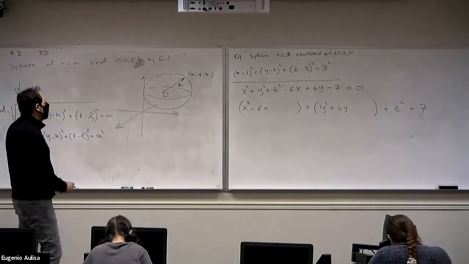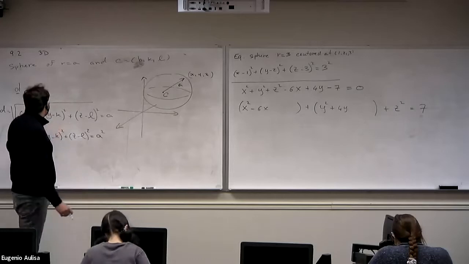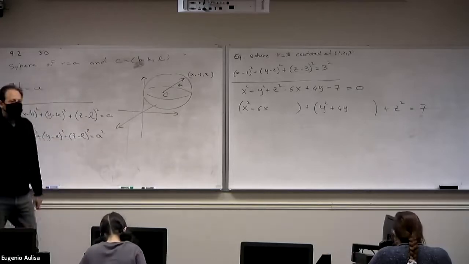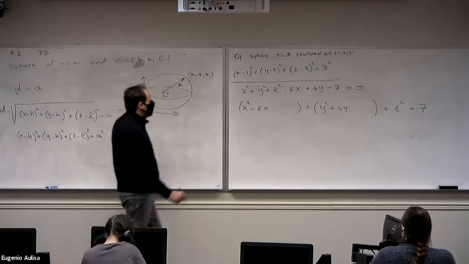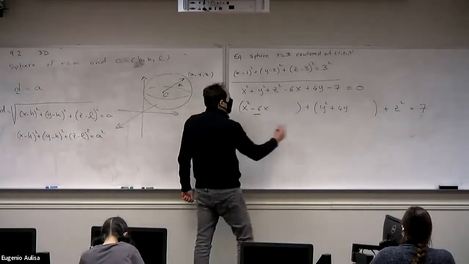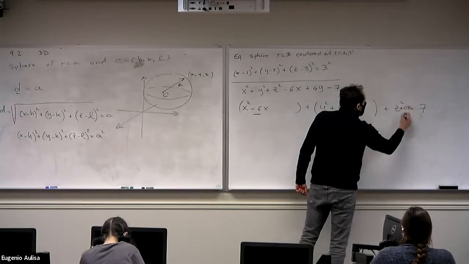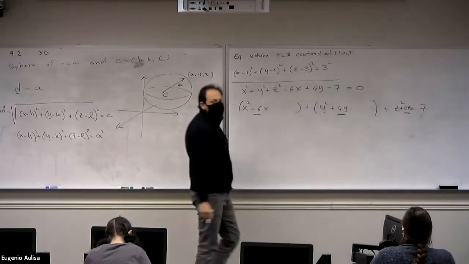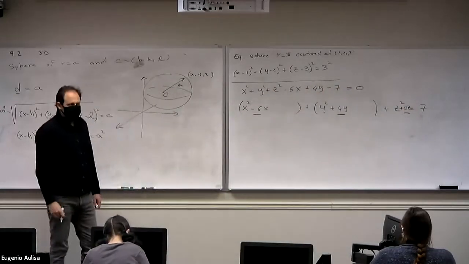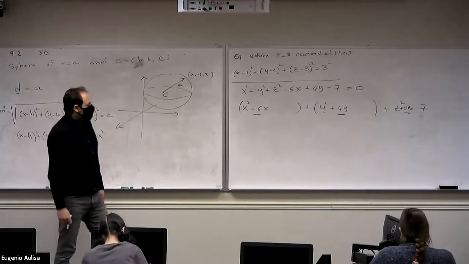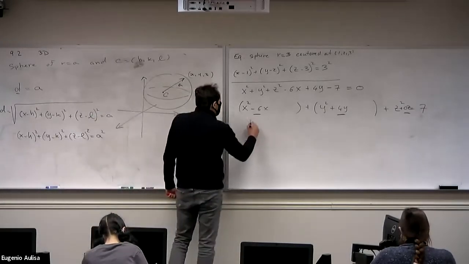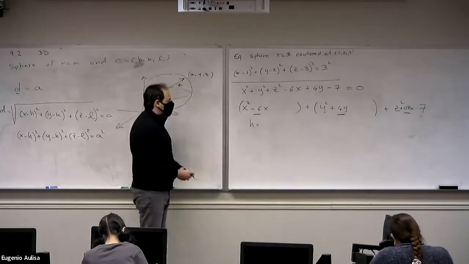So we are looking for (h, k, l). The information about h, k, l is going to come from the coefficient in front of the linear term. It's basically h in x.